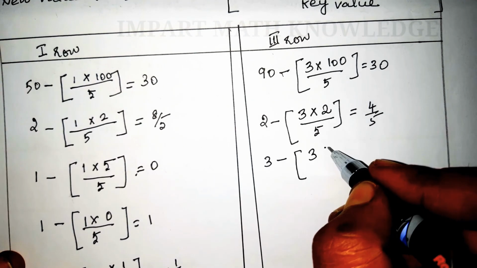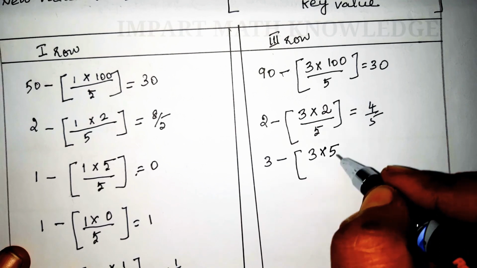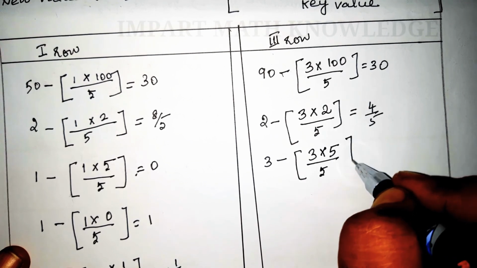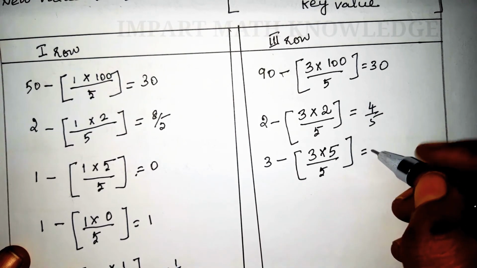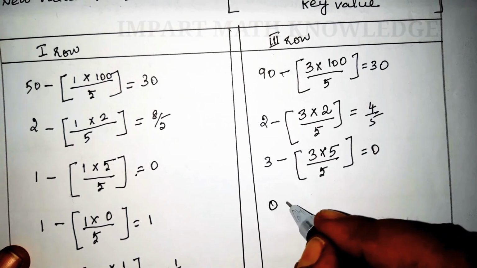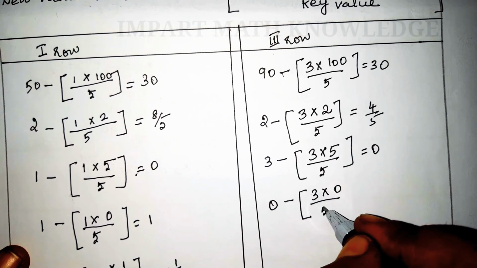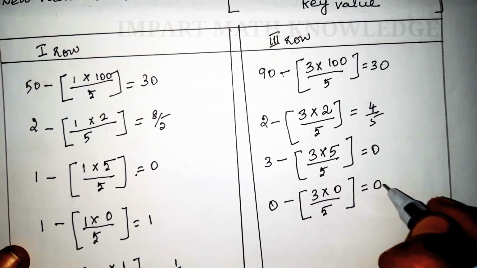The next value is old value minus key column value into key row value divided by 5. So simplifying this, you will get 0. The next one is 0 minus 3 into 0 divided by 5. So the answer is 0.